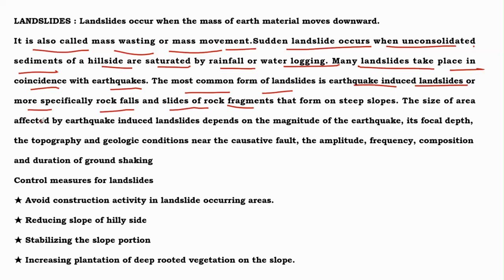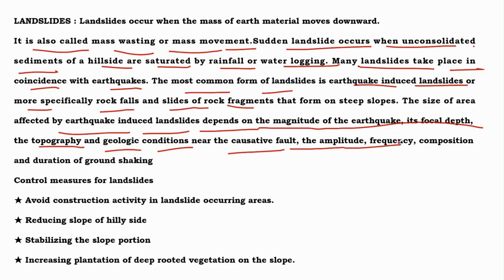The size of the area affected by the landslide depends on the magnitude of the earthquake, the depth, the geological and geographical conditions near the causative fault, and frequency composition. So these are some of the ways we have to control this.